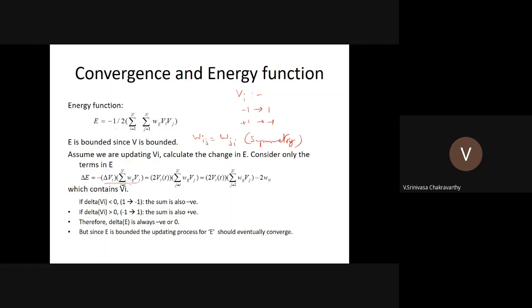Now you can easily see that minus delta Vi is equal to 2 Vi at t. Let us look at Vi at t, Vi at t+1, and delta Vi. Delta Vi is given as Vi at t+1 minus Vi at t. There are only two ways this transition can occur, because we are assuming there is a transition, not the no-transition cases.